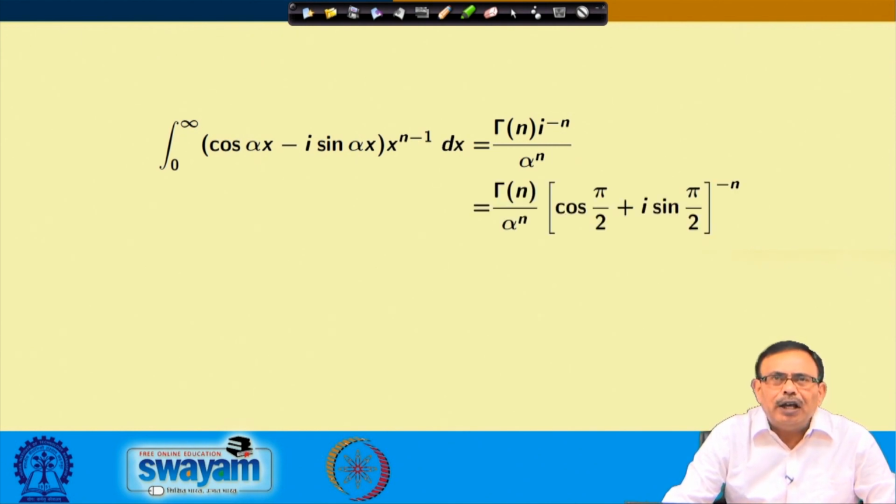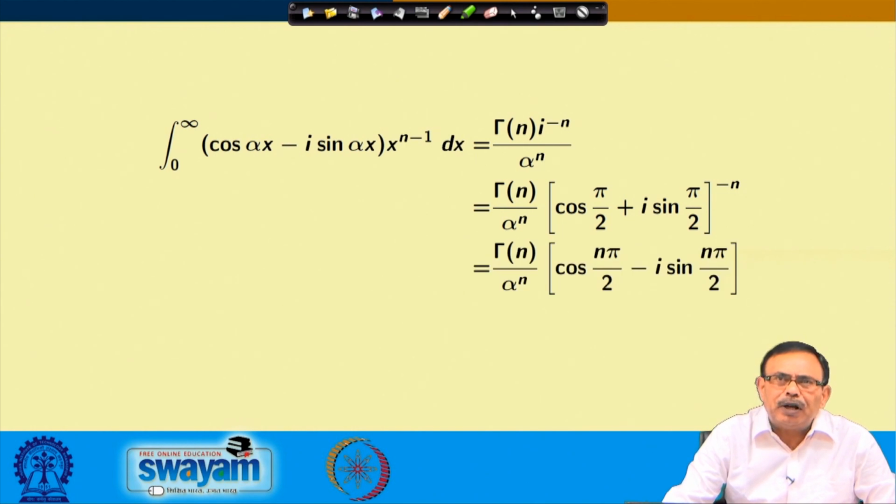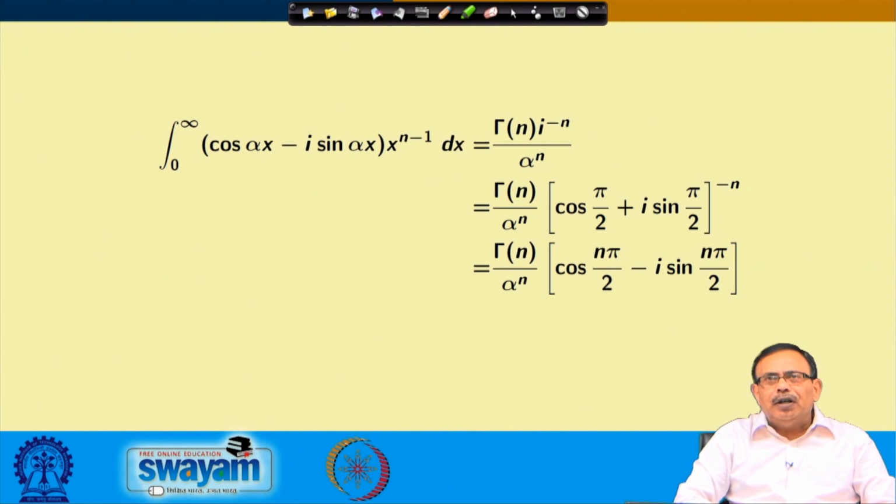So, this i to the power minus n we are now writing in the form of cos pi by 2 plus i sin pi by 2. Using complex properties I can write it as cos n pi by 2 minus i sin n pi by 2, because actually cos of minus n pi by 2 plus i sin of minus n pi by 2 is there.